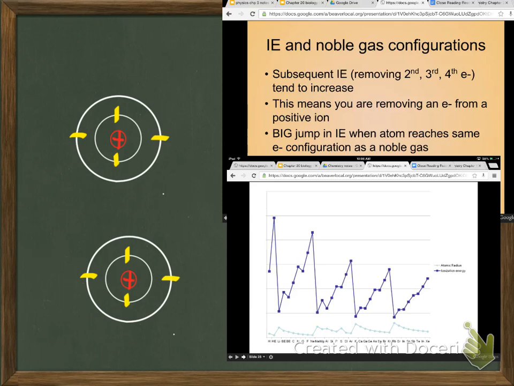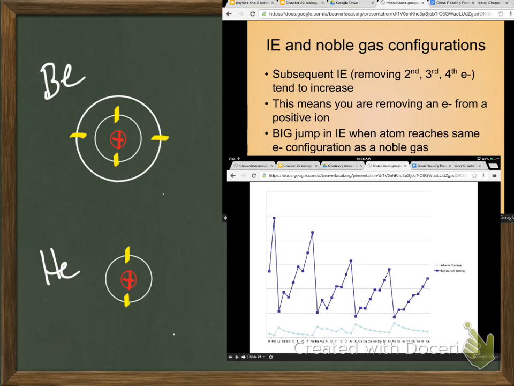So helium looks like, let's see, copy, paste. Oops. Oh, yeah, we can do that. So here's our beryllium, here's our helium. In order to look like helium, beryllium would need to give up those 2 outer electrons, and then it would look just like helium. Fantastic.